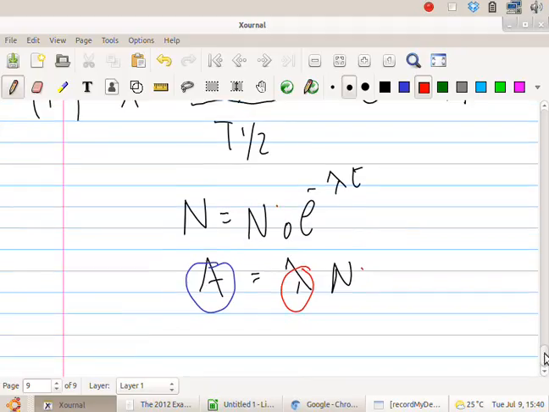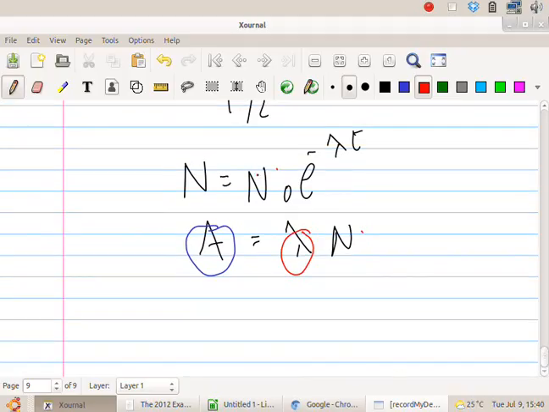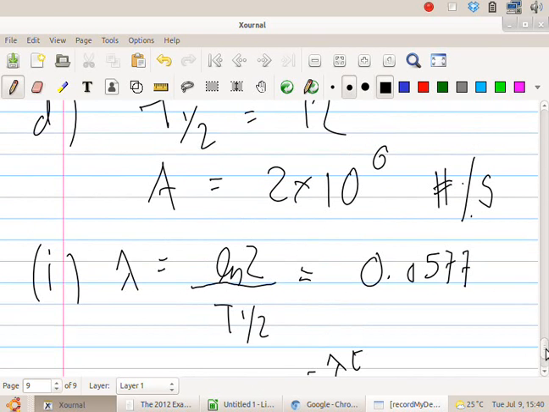So in fact, before I can use this, I should use this to get the number N0 at the beginning. So A0 equals lambda N0. If I divide by lambda, do I know A0, the activity at the beginning? I do, don't I? It's this number divided by lambda.